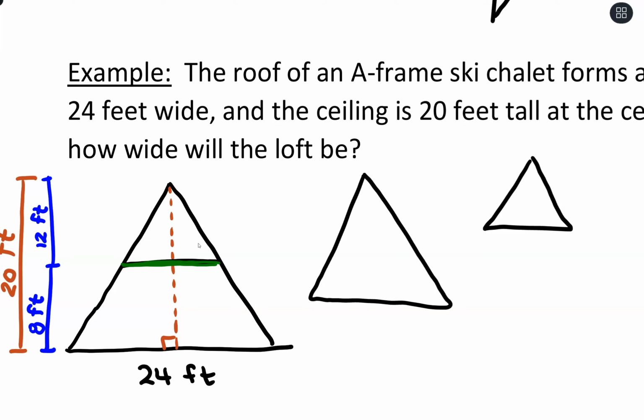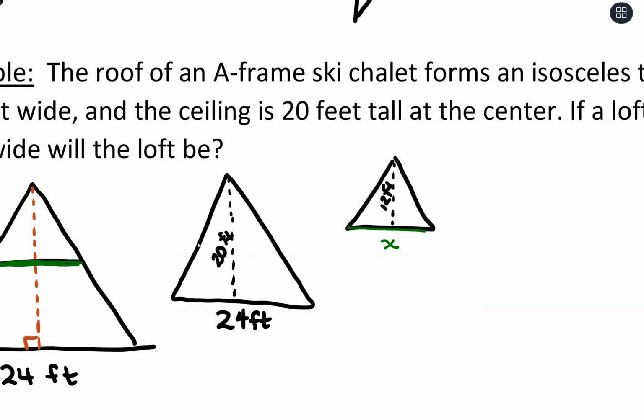And we have 24 feet there, and then for the height, we have 20 feet. And then for the loft, we have a height of 12 feet. And we don't know what that bottom distance is. That's what we want to solve for.